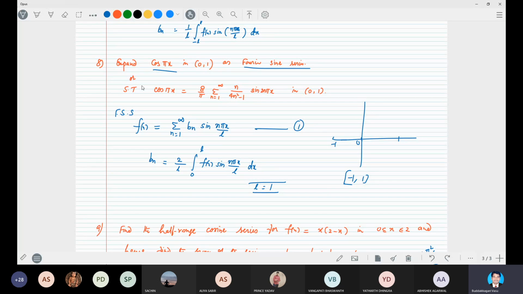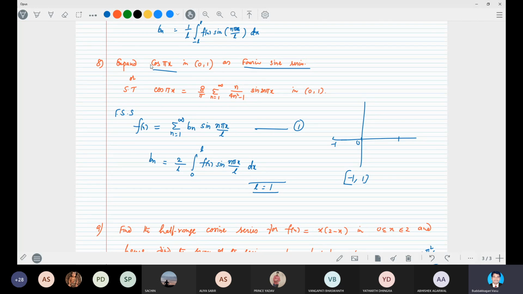Now see here in the 8th question. Expand cos pi x in 0, 1 as a Fourier sine series. Here you need to find the Fourier sine series of cos x. That means cos x is expanded in terms of only sine functions in the interval 0, 1.